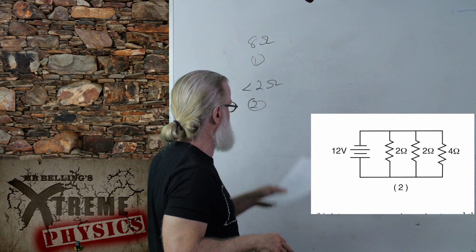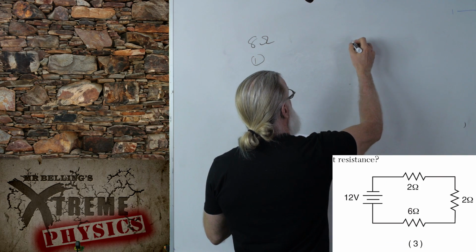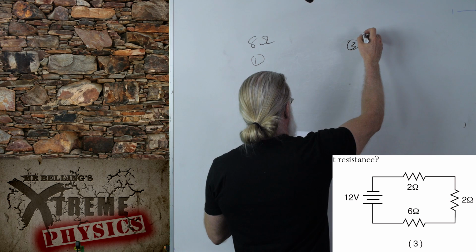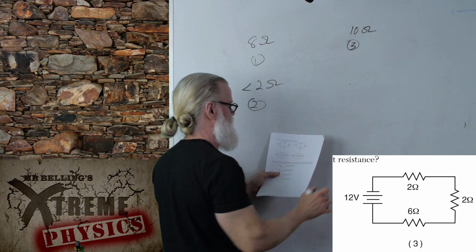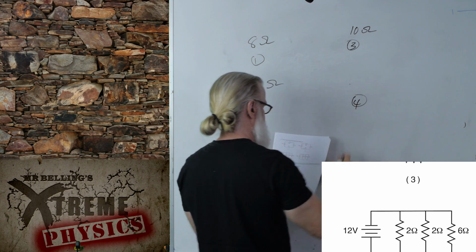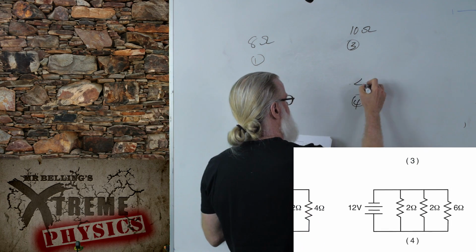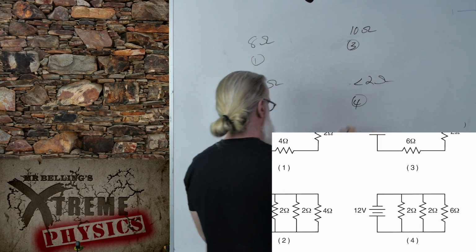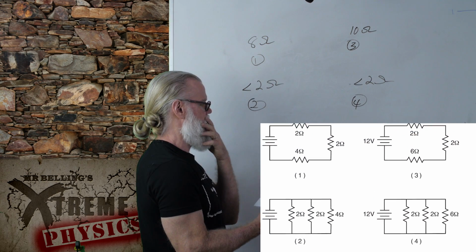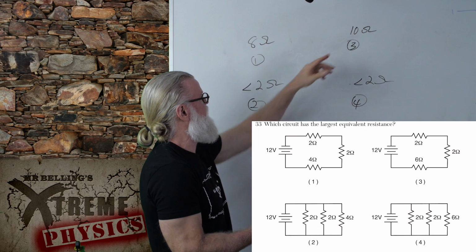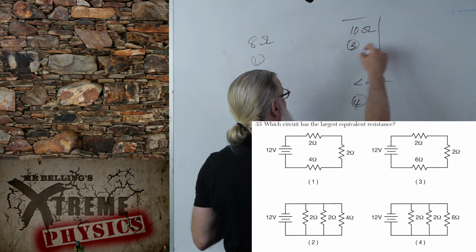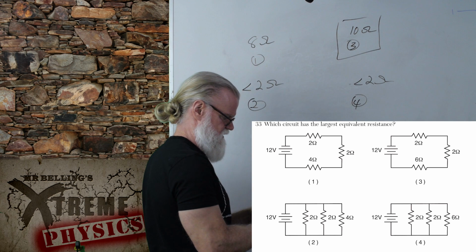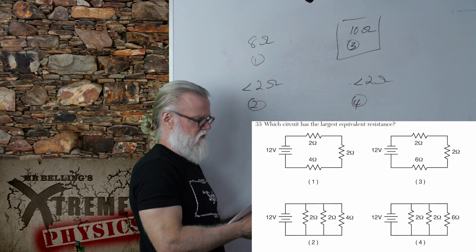It's going to be less than 2 ohms. Number 3, it's going to be 10 ohms, right? We just add those up in series. And 4, it also has to be less than 2 ohms because 2 ohms is the smallest. So it looks like 3 is the answer. That's going to have the largest resistance, right? The smallest resistance is going to be 2.